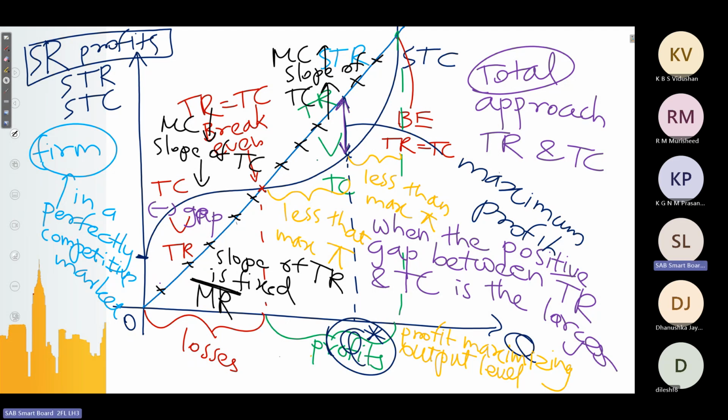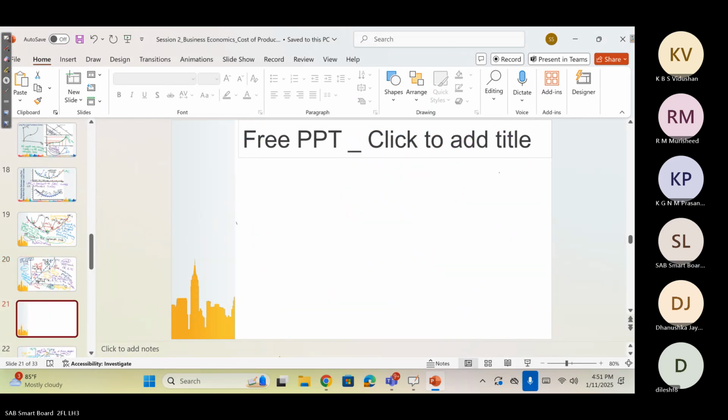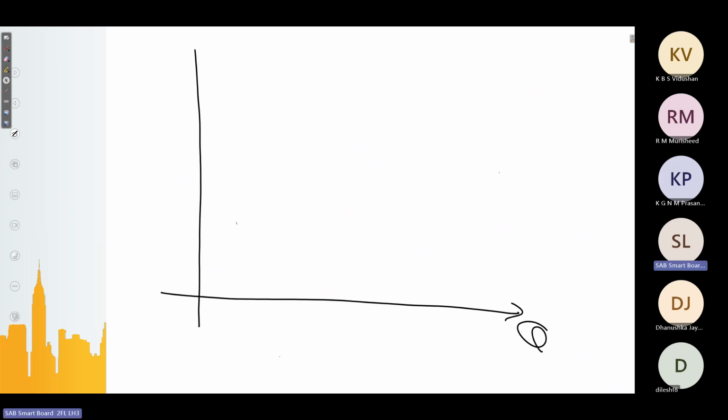So now we can draw the marginal revenue and marginal costs in a separate diagram. Q is here, marginal revenue and marginal cost are shown on the vertical axis.